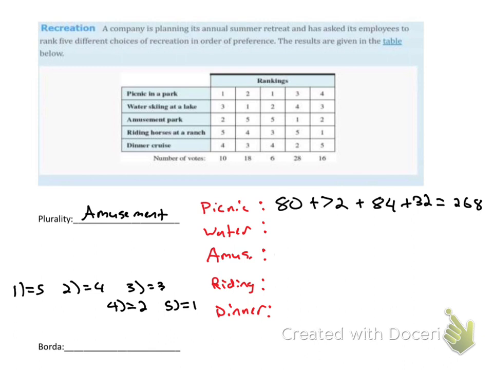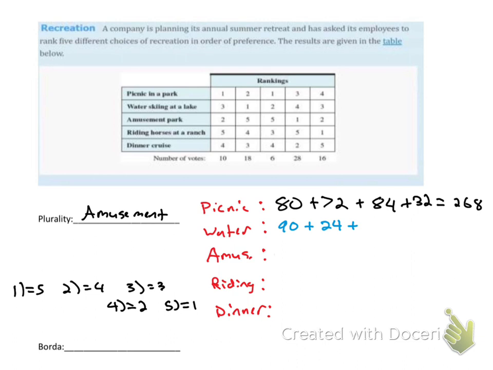So next, water park, or water skiing at the lake, I'm sorry. First place, they've got 18. So 18 times 5 gives us 90. Plus second place is 6, so 6 times 4 gives us 24.